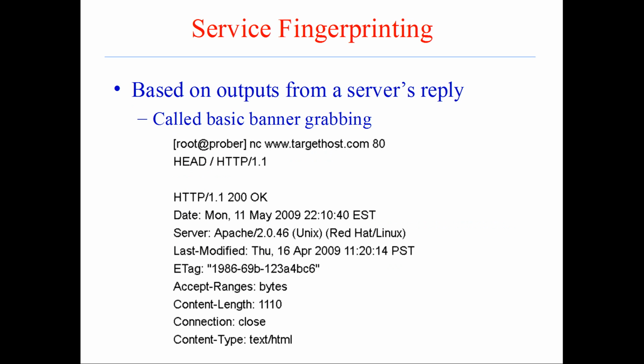Very basic fingerprinting is if a protocol is verbose, it may provide a lot of information from its very first reply. And if it does, you can do what's called banner grabbing. You simply netcat or connect to the service, and it will tell you all these things.